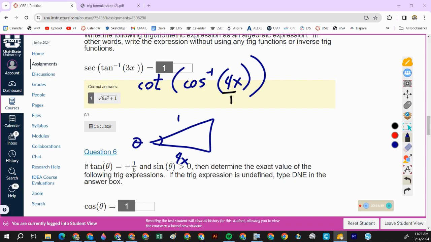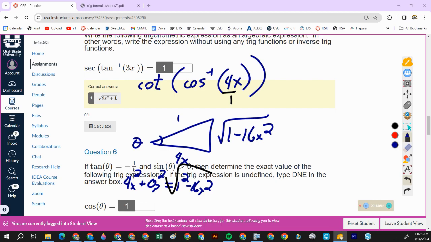So here's my theta. Now I need to figure out the O side. So 4x squared plus my opposite squared is equal to 1 squared. So we'll subtract 16x squared and then take the square root. So this is the square root of 1 minus 16x squared.